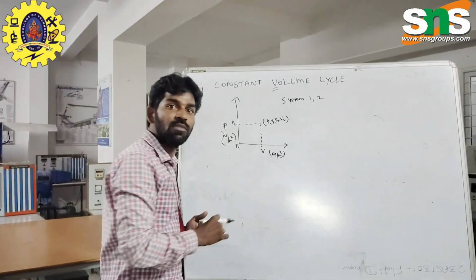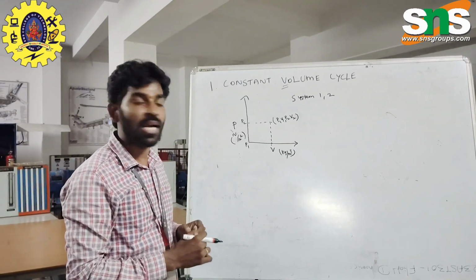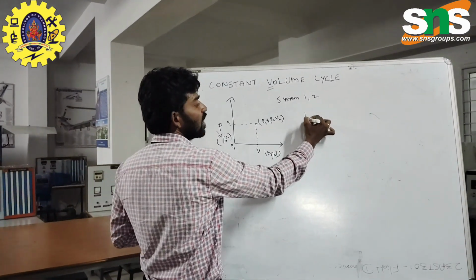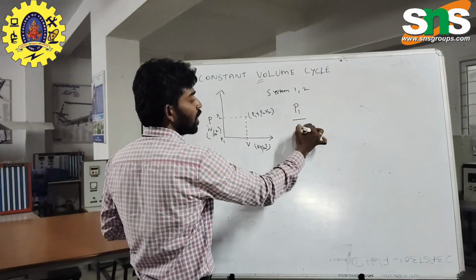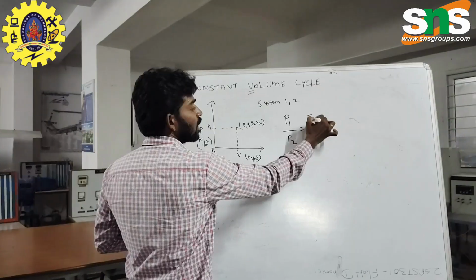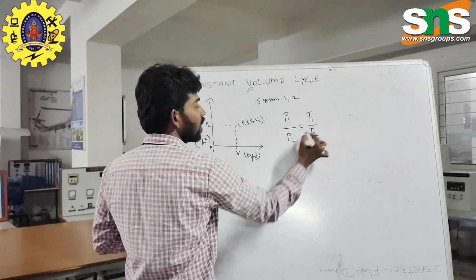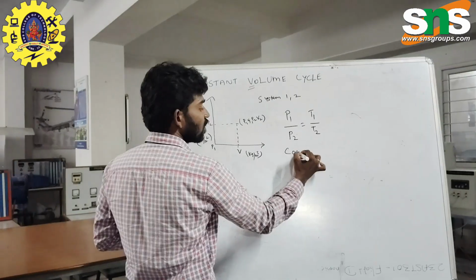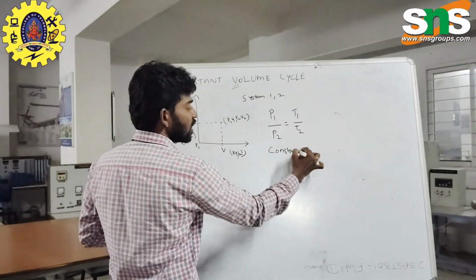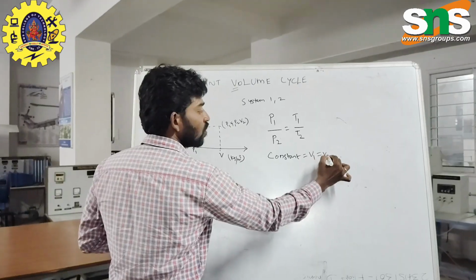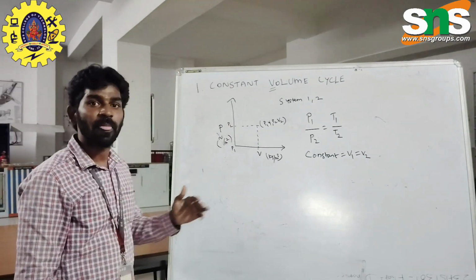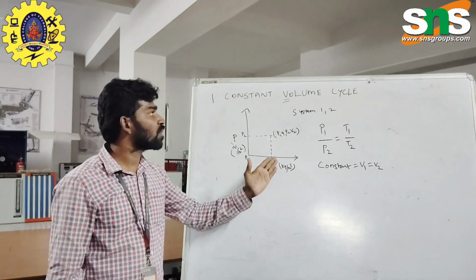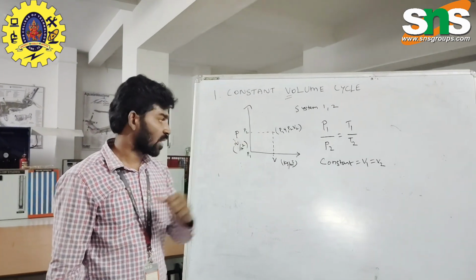In this process, the temperature and pressure relation is P1 by P2 is equal to T1 by T2, since volume V1 is equal to V2. This is the constant volume cycle process.